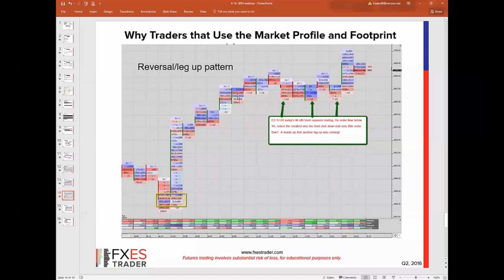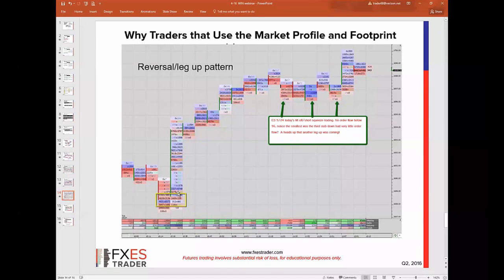As one of the previous presenters at MarketFest today showed us, we had movement and then a pullback to a certain level and then a potential move back up.